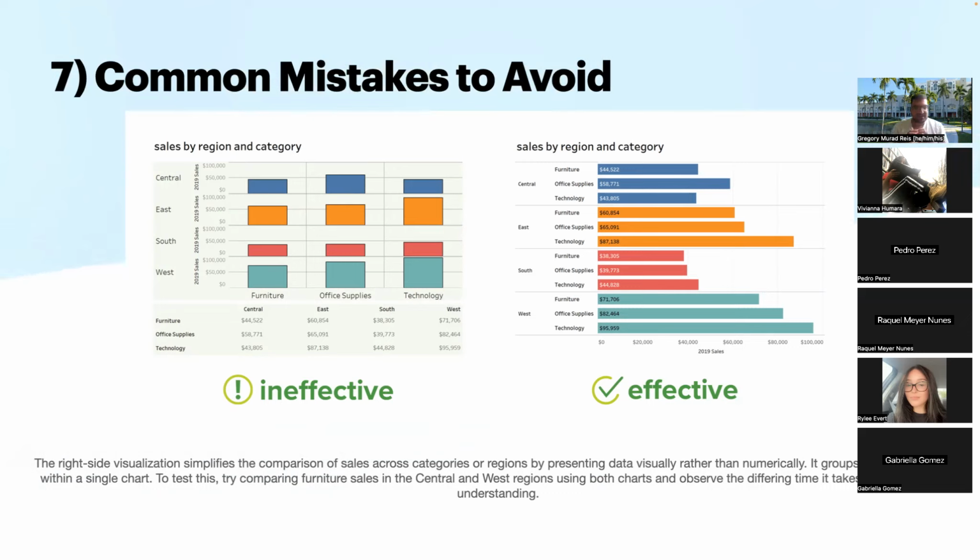First you look at the Central, then you find the category, furniture, office supplies and technology. And then once you identify that, you go back down and look at the number. So you can see how the one on the right, just by looking at it, the audience can check the number and see which one had the highest sale.